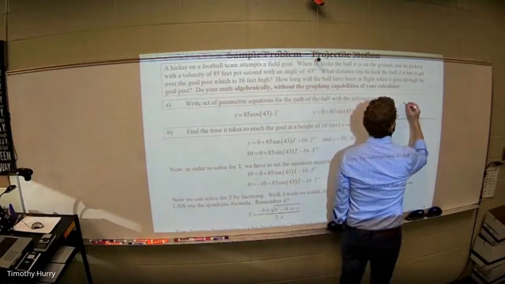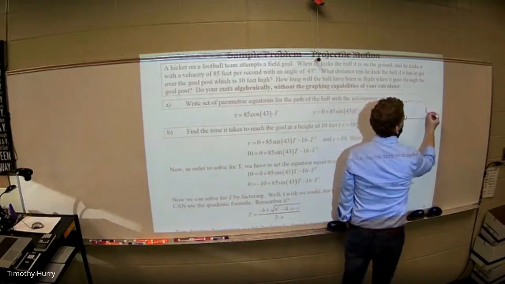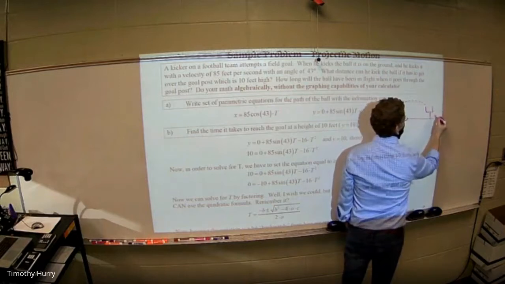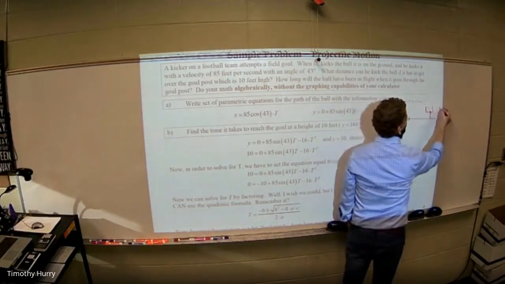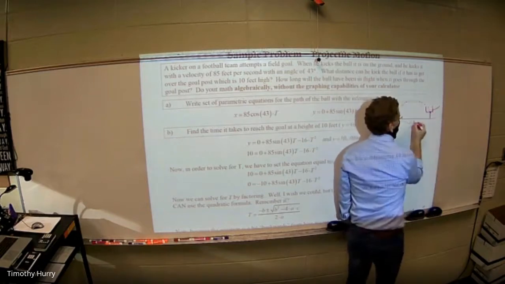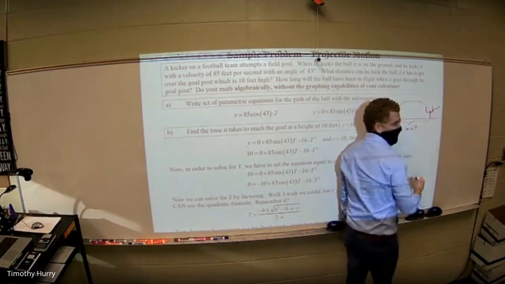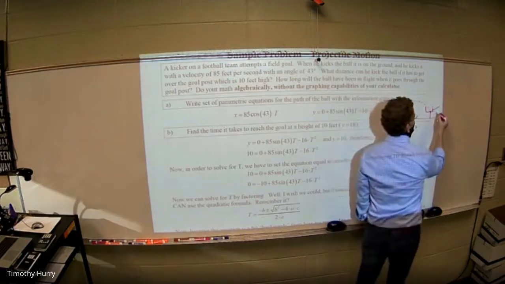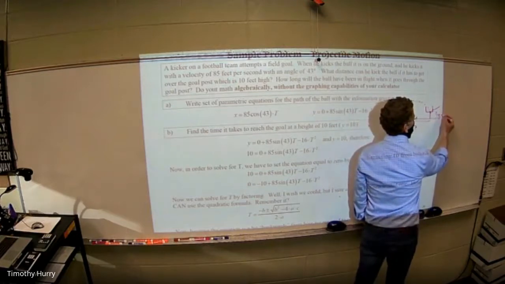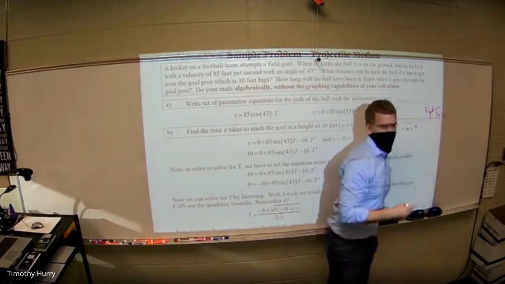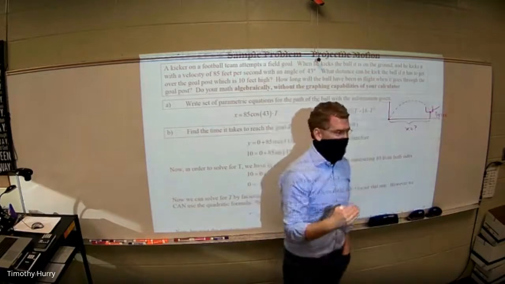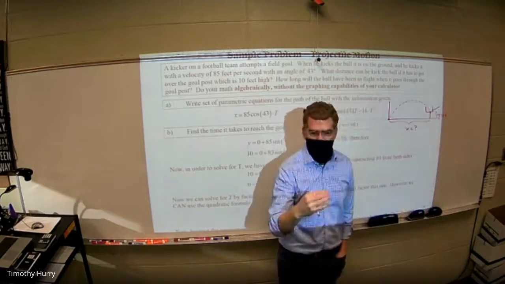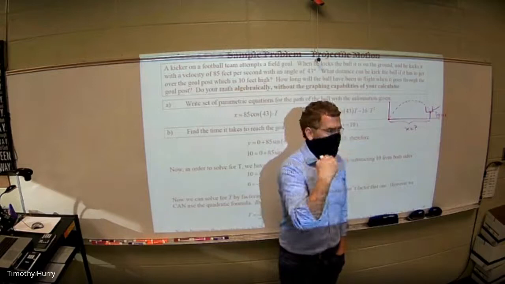It goes up into the air and it's coming back down. And evidently there's a goalpost right here, which has a height of 10 feet. I have no idea at this point how far I've gone. But I do know the height has to be 10 feet. I don't overthink this. I know technically it's going to doink off the goalpost if it hits right at 10 feet, but just work with me.